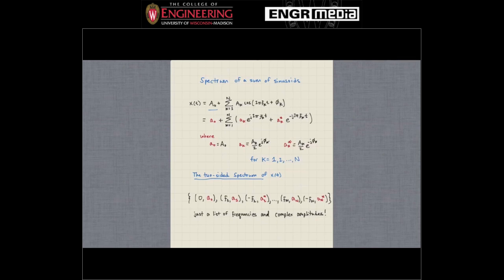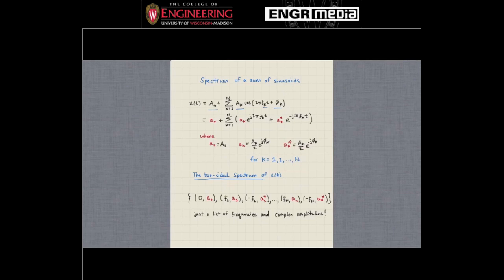Then each of the other sinusoidal signals has a different amplitude, a different phase and a different frequency. We can represent those using complex exponentials, so each term in that sum we're going to represent using complex exponentials.